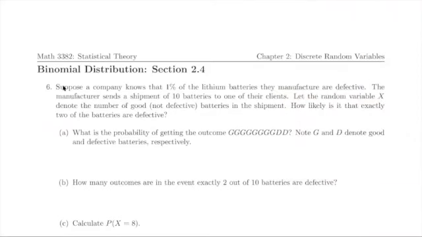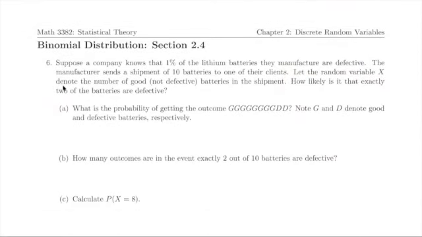Okay, so then let's now take a look at some very special types of discrete random variables that come up a lot that we'll be working with this semester. The first of which is the binomial distribution. And so here again, we're talking about discrete random variables, so we're in chapter 2.